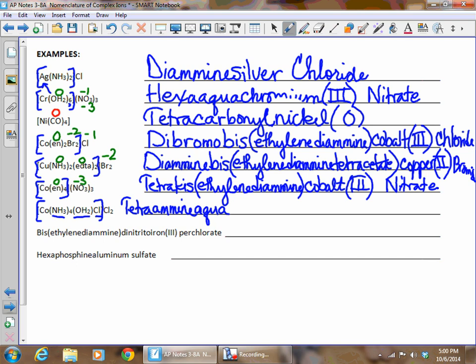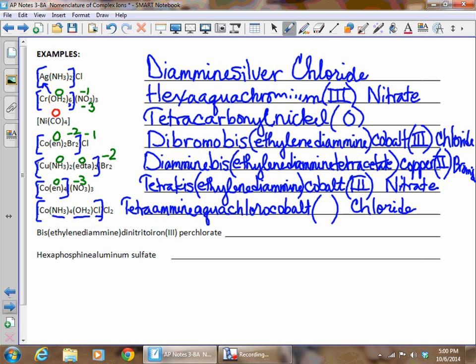Looks like there's just one chlorine, so we don't need a prefix for it. So tetramine aqua chloro. Don't forget the metal. I did that up above, remember? So make sure you get in that cobalt then is the last thing. It needs to be in parentheses. And then on the end, our nice familiar regular way of saying chloride at the end of a compound.